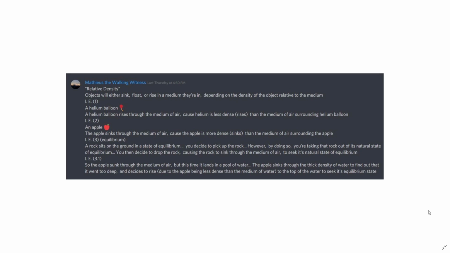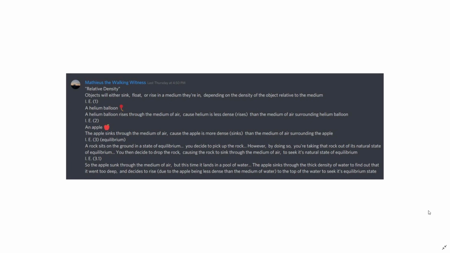Relative density. Objects will either sink, float, or rise in a medium therein, depending upon the density of the object relative to the medium, i.e., number 1, a helium balloon. A helium balloon rises through the medium of air, because helium is less dense, rises, than the medium of the air surrounding the helium balloon, i.e., 2.